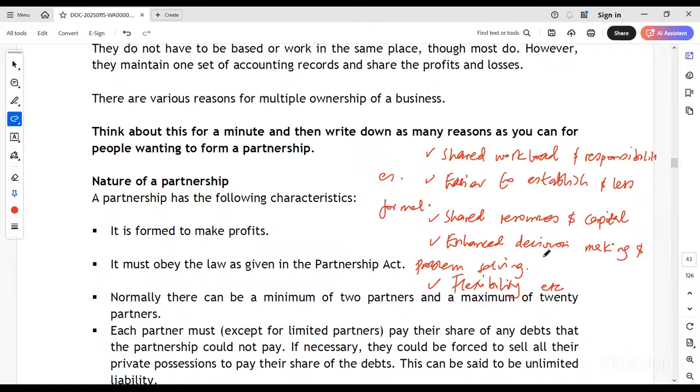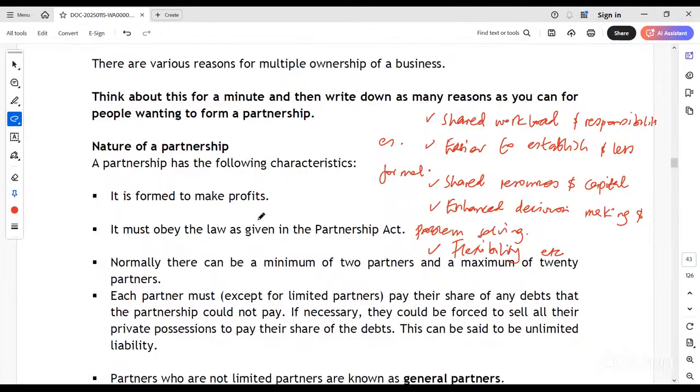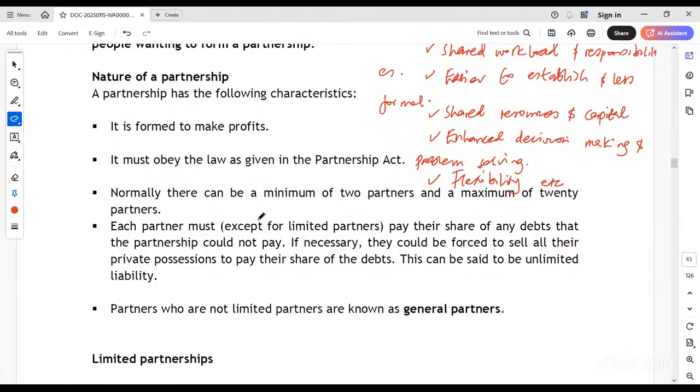From there, what next? Now we need to understand the nature of partnerships. Partnerships have different characteristics which we need to understand.